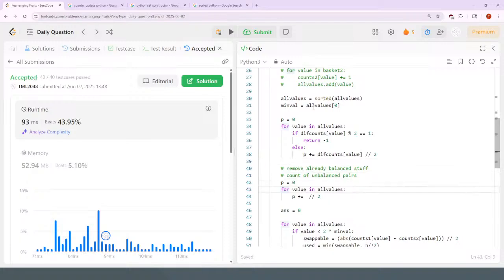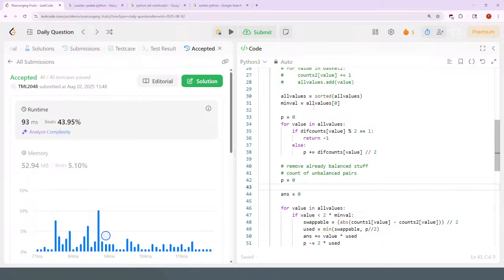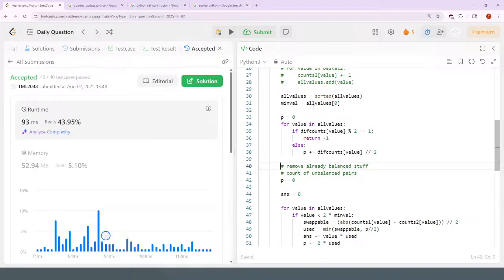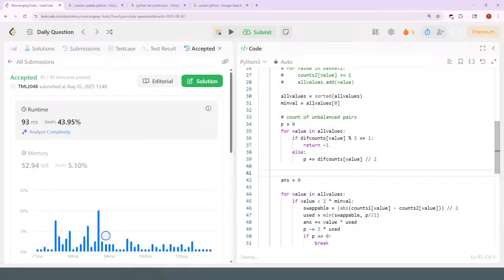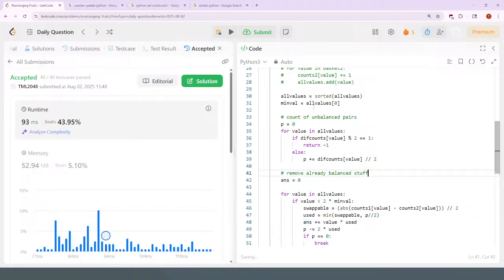Now, at that point, I can also... no, I have to do a separate for loop for that. So P is the count of unbalanced pairs. And here's where I remove the unbalanced stuff, or reduce for each unbalanced pair.